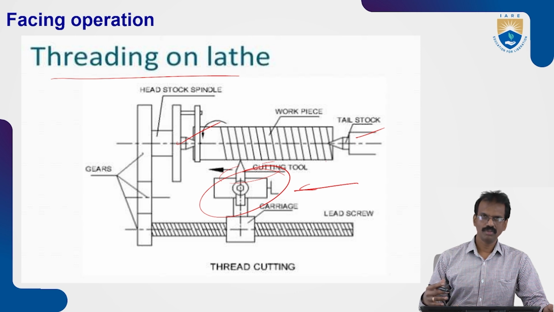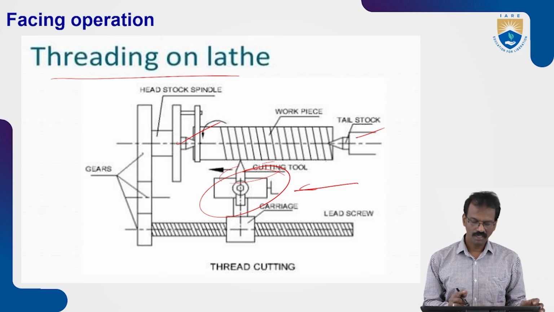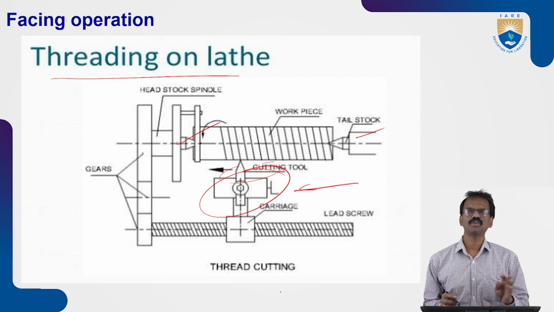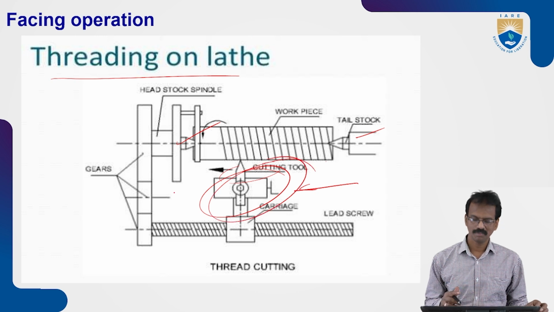Here we cannot move the carriage manually, to maintain the accurate pitch. Pitch is very important in thread cutting. So we'll engage the carriage for automatic movement. This automatic movement of the carriage occurs by engaging the carriage to the lead screw.